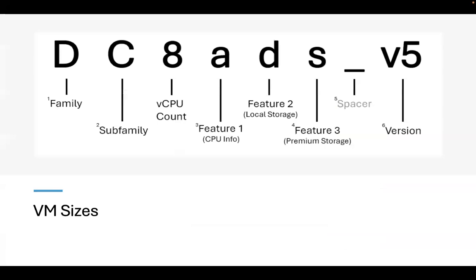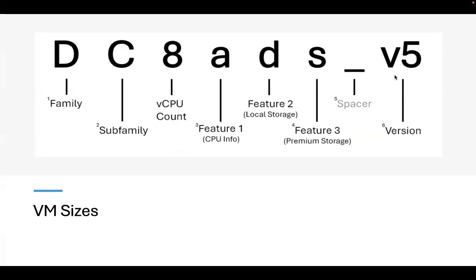So the name will look something like this when you choose a SKU name. It starts with D. D is the family name. Then C is like a subfamily, you will see. And the number of cores, the CPU count, feature, CPU info, local storage. This one is premium storage. Then there will be a space, then there is a version.